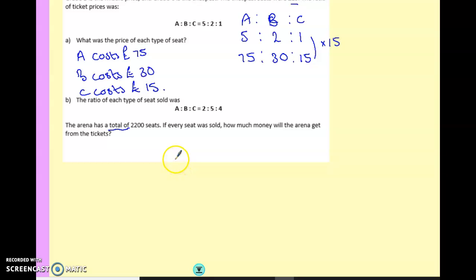Now we need to work out how much of each ticket was sold. So it's used the word total. So I'm going to start by finding the total. 2 add 5 add 4 is 11. My total was 2,200. I'm going to divide that by 11. That gives me 200. Okay, so that's what 1 share would be.